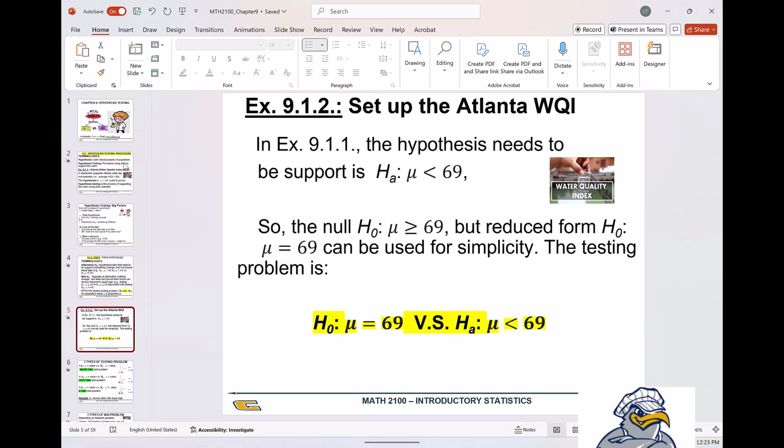But again, we can always make it in reduced form, which is H naught: mu equals 69. So for this class, we just use the reduced form for simplicity. So now the testing problem we write out as H naught: mu equals 69 versus H_A: mu less than 69. But you should know that the actual null is just the opposite of H_A, but we write it in a reduced way.